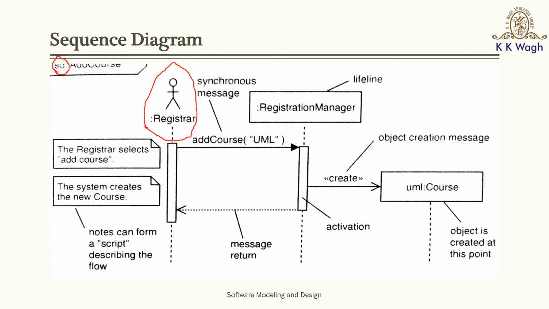Okay, so all the things are clear to you now, and one thing is remaining, that is this reply message or return message. This is the reply message, which is from registration manager to a registrar. Okay, so this is all about sequence diagram.